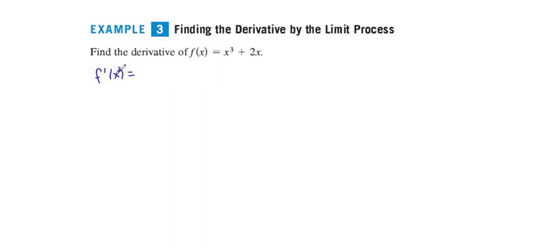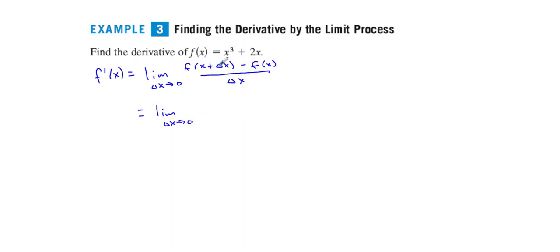They said limit process, so the limit as, I'm going to use delta x this time, of f of x plus delta x minus f of x all over delta x, just like we did yesterday, except instead of a number, we have x. Limit as delta x goes to 0.